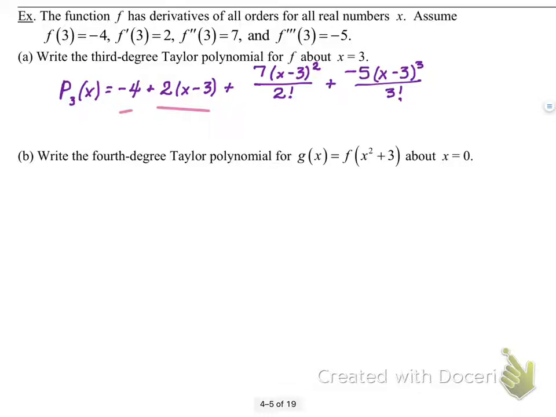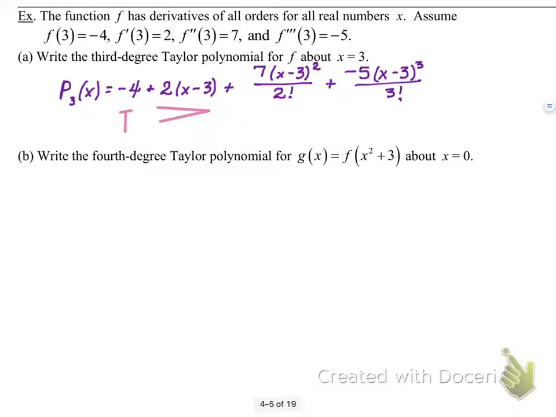In that first bit, the exponent was 0. And you can think of that one right there as the first derivative, the first power, all over 1 factorial.